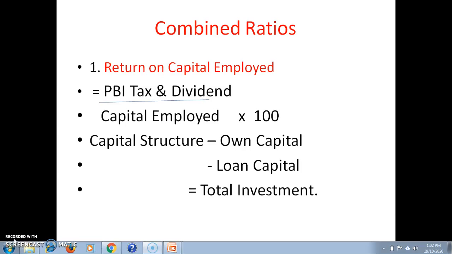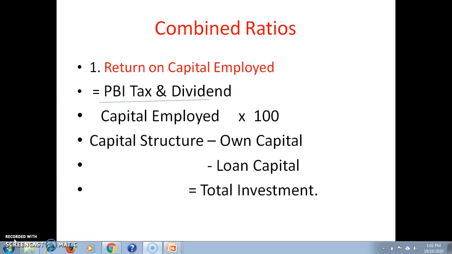Capital structure constitutes two sources of funds. The first is own capital and the second is loan capital. Own capital plus loan capital is equal to the total investment invested in the organization.